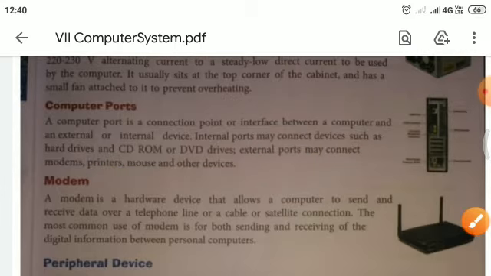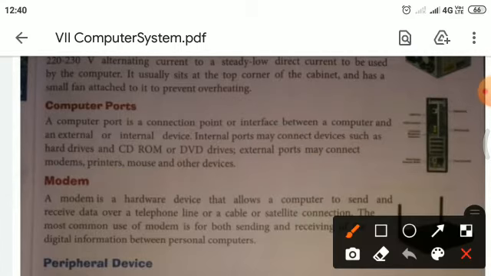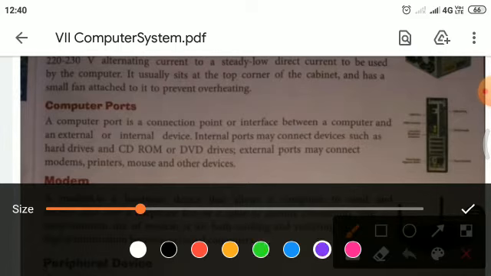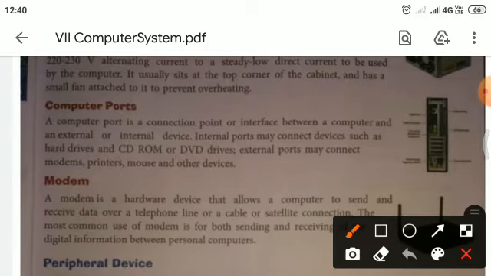And students, you can see in the diagram, this is a connection point, and this is also a connection point, and this one is also a connection point. So students, these are known as computer ports.